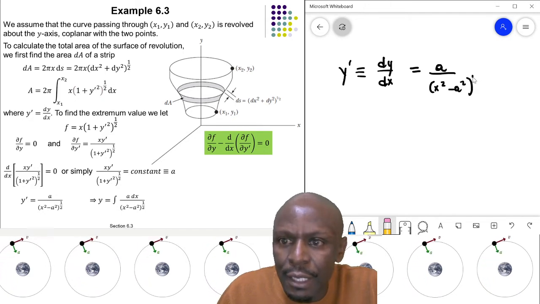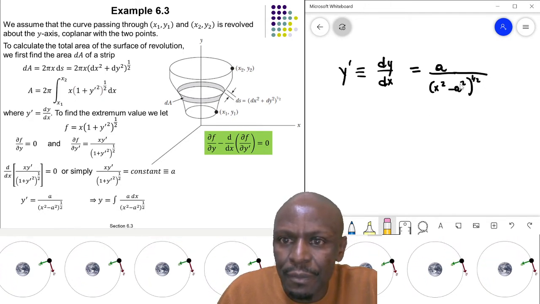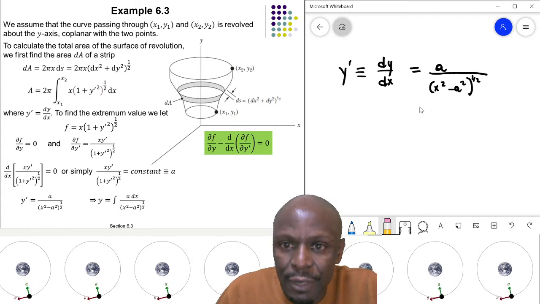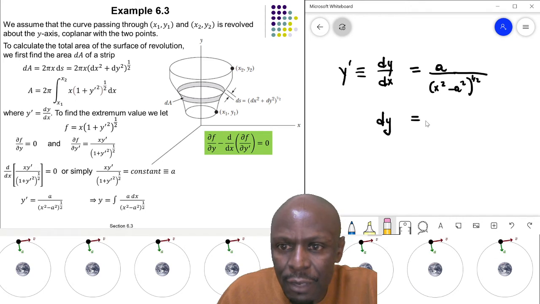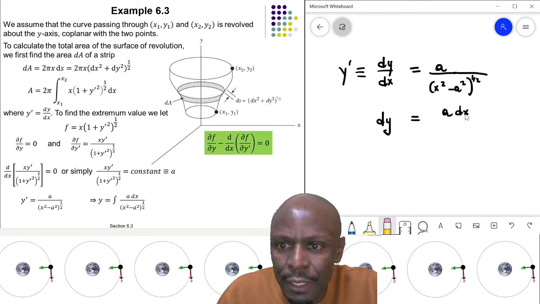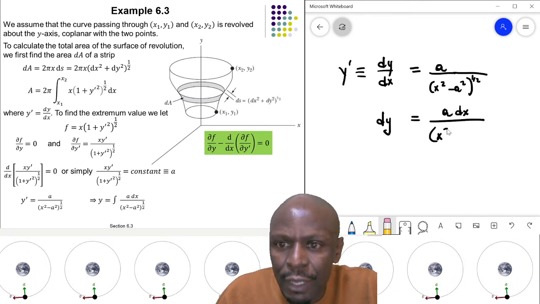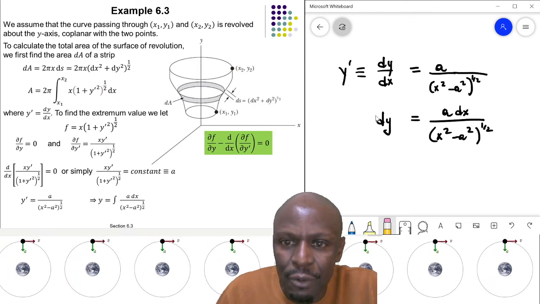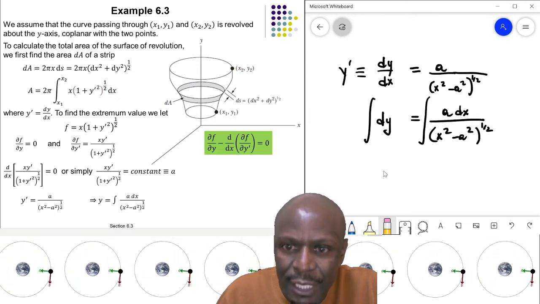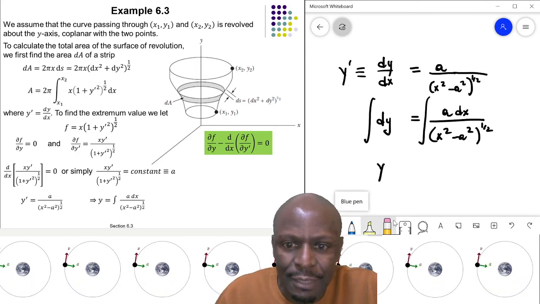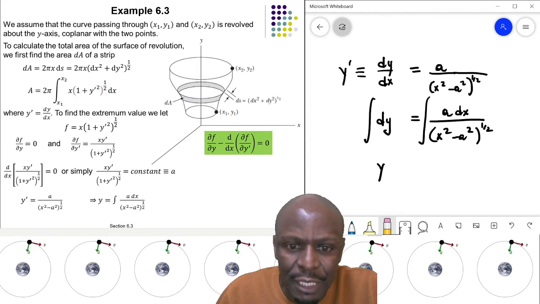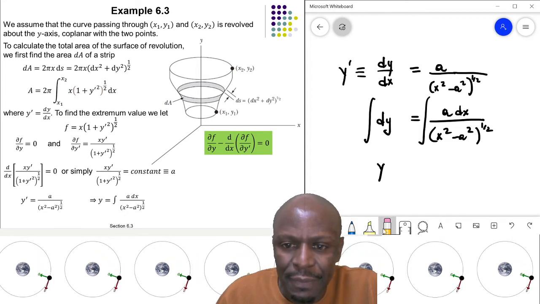Now, if you want dy, you are going to have a dx, and then here you have x squared minus a squared to the power of 1 over 2. Now you have to do the integral in order to find y, this side. So this is nothing else but that equation that you are seeing there.